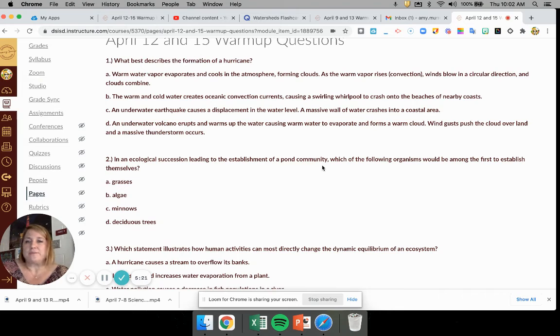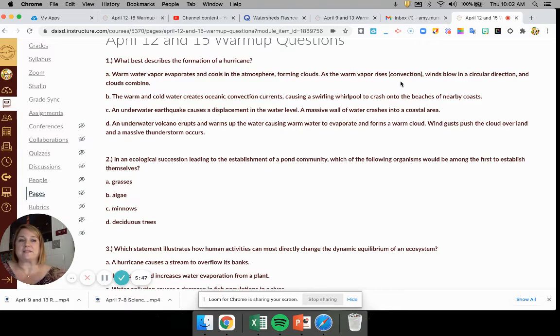What best describes the formation of a hurricane? We've talked a lot about hurricanes, and we know that their fuel is warm water. So warm water evaporates, causing water vapor. It then cools in the atmosphere, condenses, and forms clouds. As that vapor rises, moving air, that's wind.